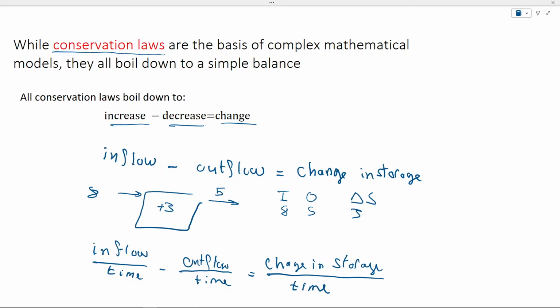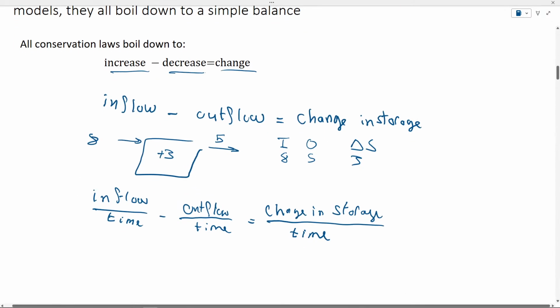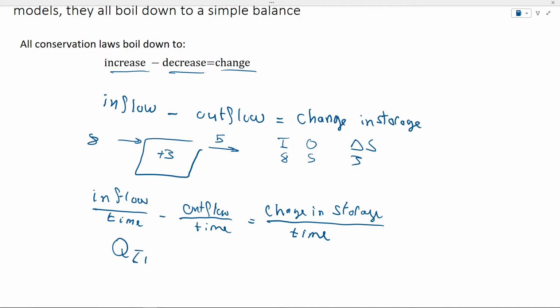What does this mean? This means that I'm now looking at the inflow rate and the outflow rate, and that would be equal to the change in storage. Inflow rate, like Q in, minus Q out, that would be the change in storage.